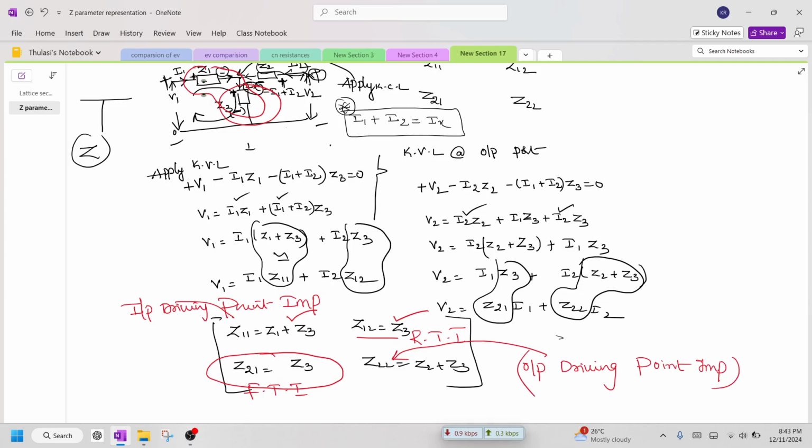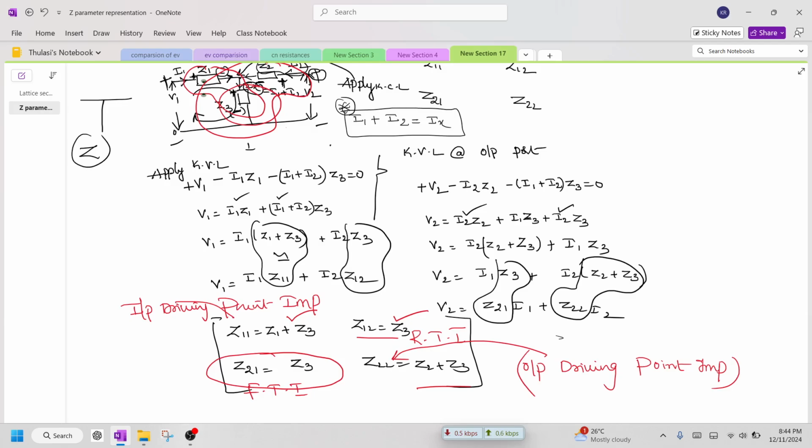When you are writing the output driving point impedance, we have to add the sum Z2 plus Z3. So whatever problem you get, this is the standard format you have to remember. If you practice, you can understand this kind of impedance very simply. These equations are also very important: V1 is equal to Z11 I1 plus Z12 I2, V2 is equal to Z21 I1 plus Z22 I2.